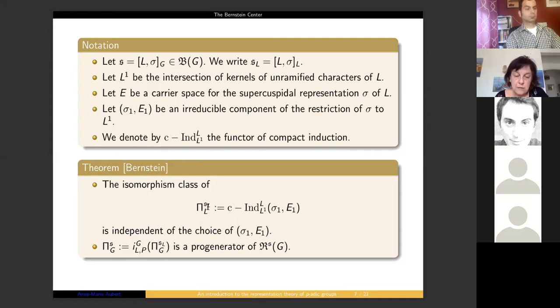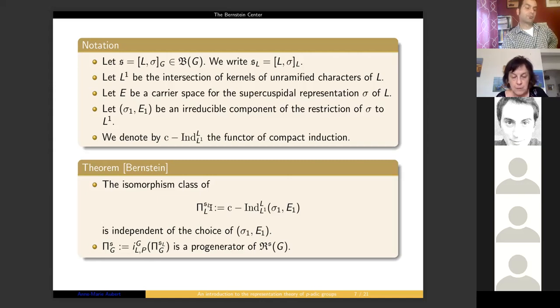And this element that I will denote by pi L S L is a progenerator of the category R S L of L. And then we have used compact induction, and now from L to G we are using parabolic induction, and you will induce that representation pi L S L from L to G parabolically, and what you get is of course an object of the category R S of G, but it is a progenerator of the category.